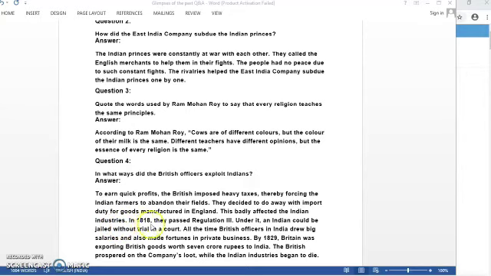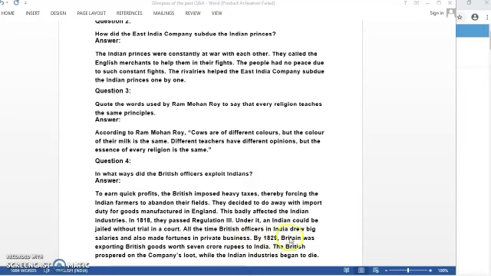Now, in 1818, they passed Regulation 3. Under this act, an Indian could be jailed without trial in a court. All the time, British officers in India drew big salaries, and they also made fortunes in private business. Means they earned a lot of profits in private business, and they became richer and richer, and Indians became poorer and poorer.